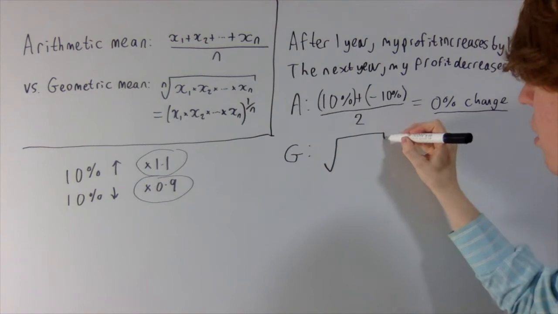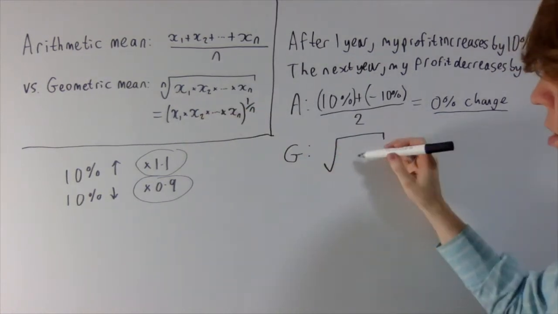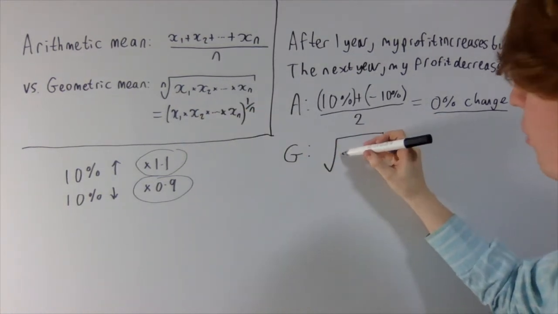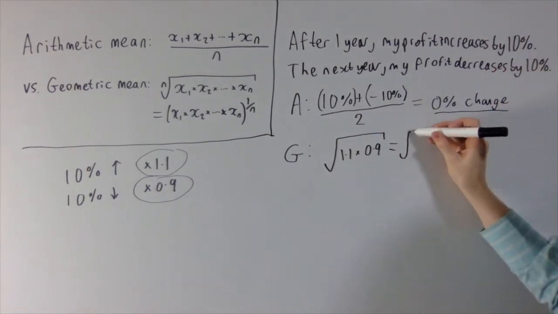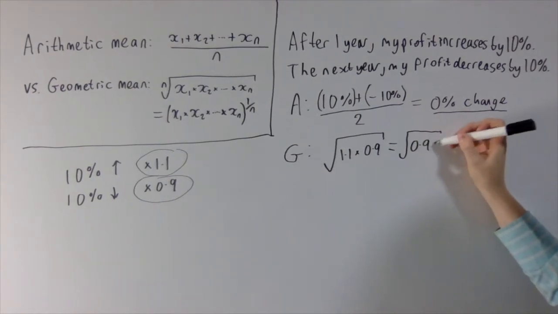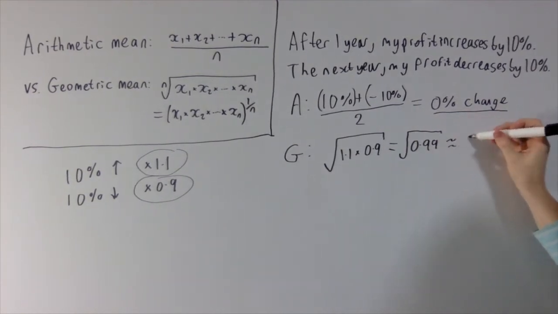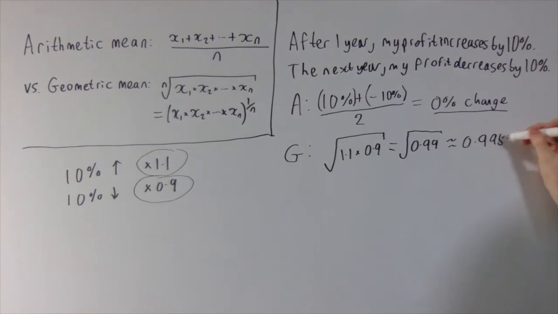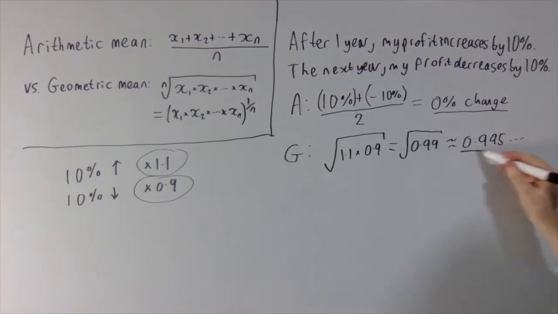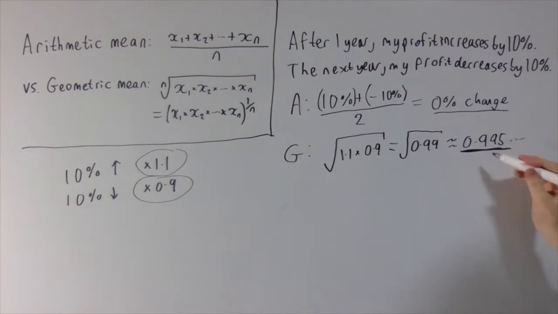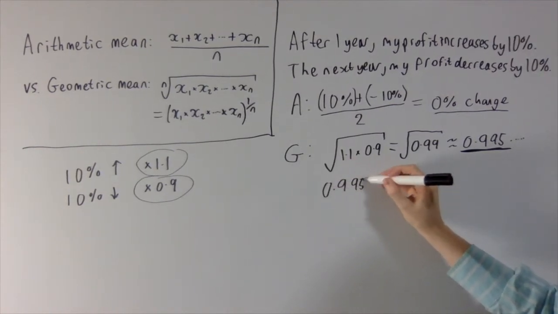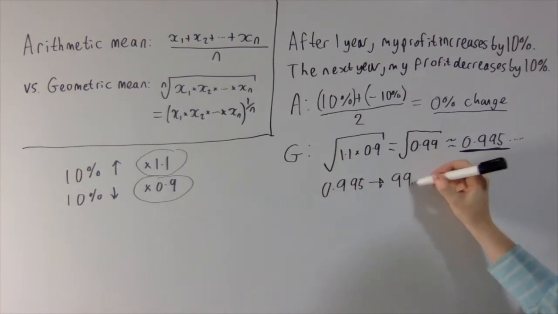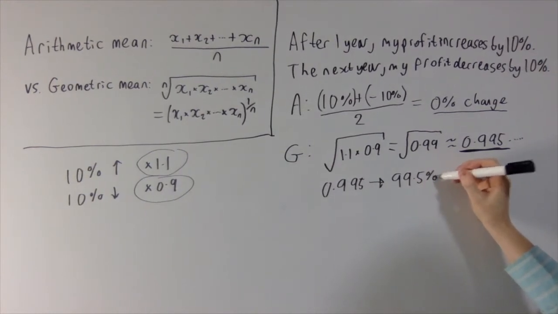So what I'll do is, there's only two of them, so here n is 2, so it's just the normal square root of 1.1 multiplied by 0.9. So this is the square root of 0.99, and this is approximately 0.995. So what does this mean? Well, if we convert this into a percentage, 0.995 becomes 99.5%.